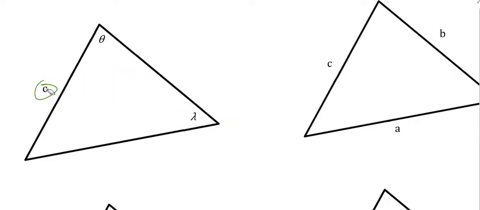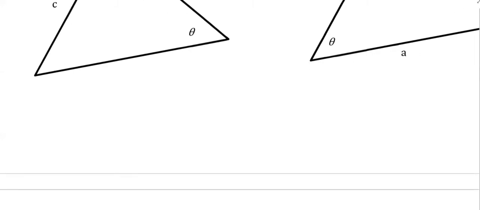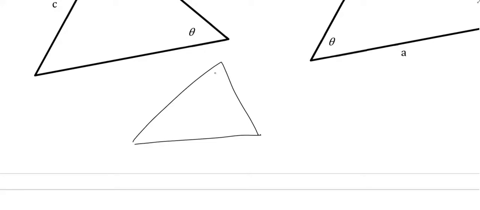I could imagine one situation, and I'll draw an extra little one down here to show this. So here's my triangle. And if I'm given this one, and this one, and this one, let's say 50 or something like that. If I'm given those three values, as you know, you can find this angle because you already know two angles, so you can find the third, and then you've got a pair of angle and side that are across from each other that you already know.